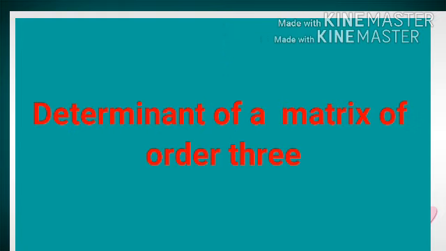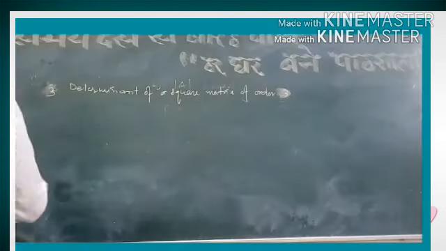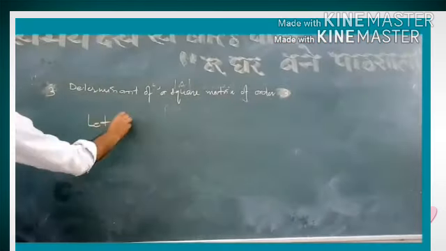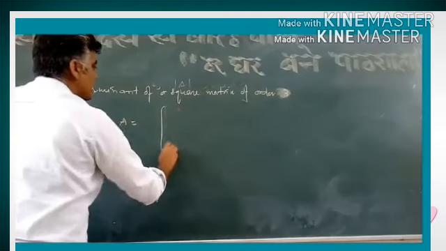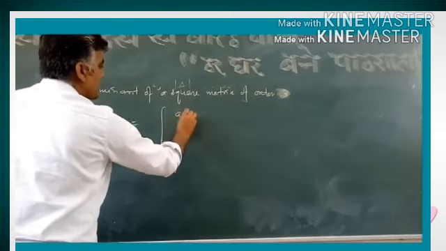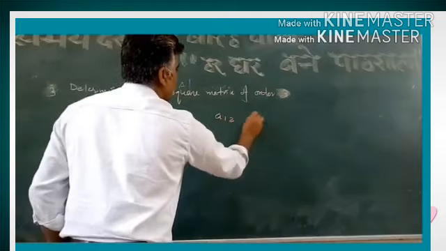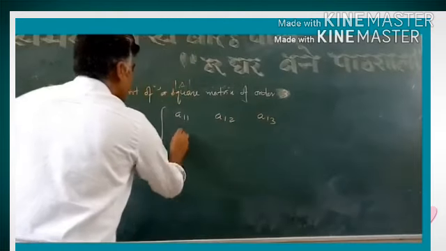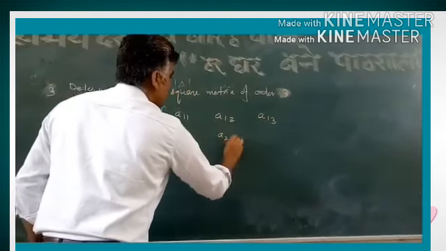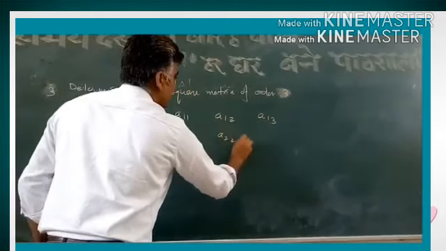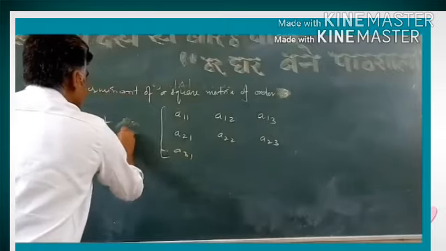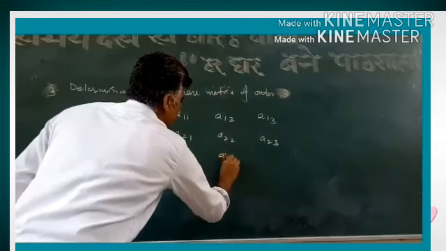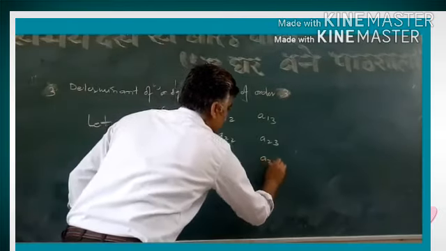Now, we will find the determinant of a matrix of order 3. Let A equal to a square matrix of order 3 having elements a11, a12, a13, a21, a22, a23, a31, a32, a33.